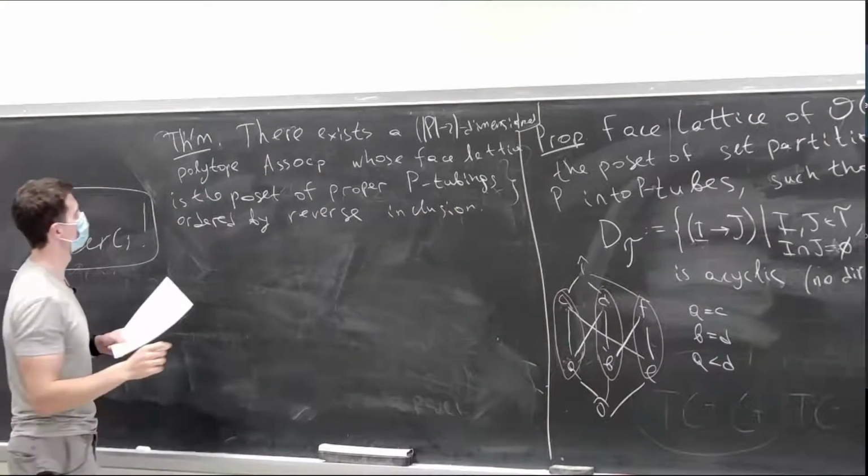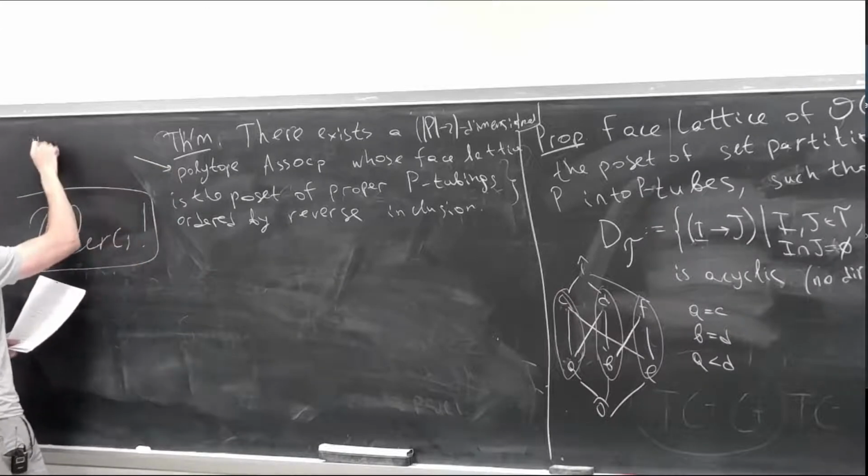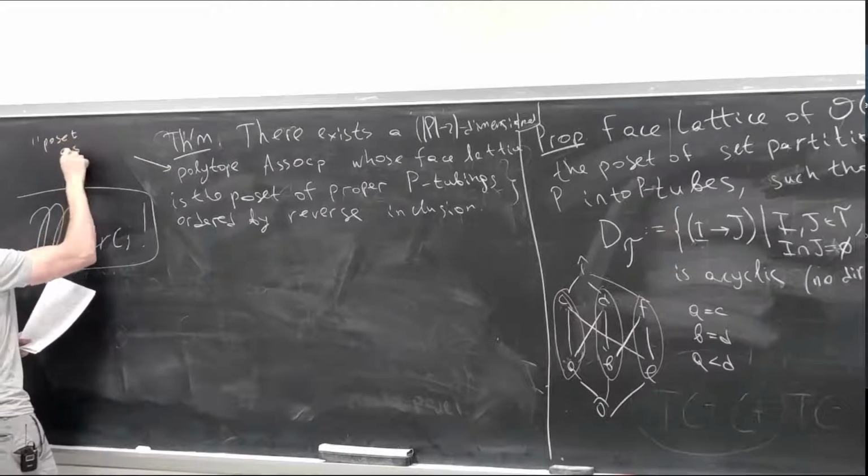So this polytope is called a poset associahedron.